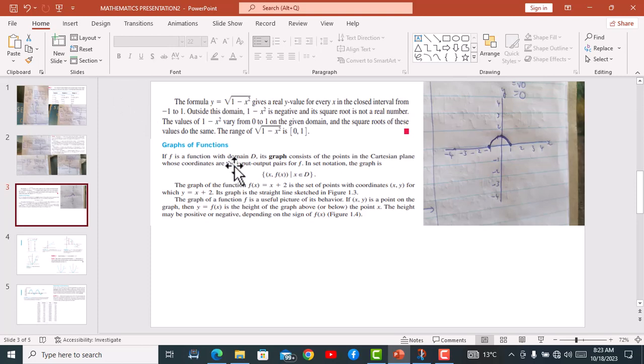So the graph of a function, if f is a function with the domain D, now that we understand, its graph consists of the points in the Cartesian plane whose coordinates are the input-output pairs of f. We saw that in the set notation, the graph is x such that f at x, x in the domain, is an element of real numbers.